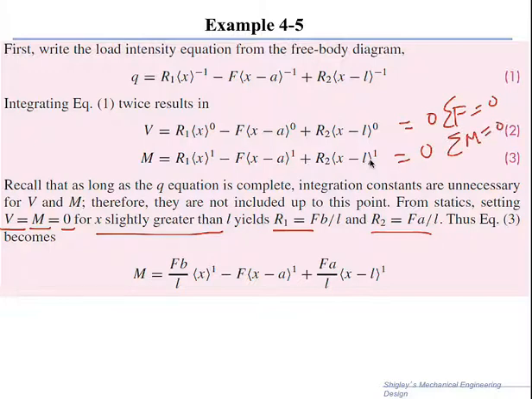And when you put x slightly greater than L, then it means that you can evaluate R1 times L minus F times L minus A plus R2 times L minus L, which is 0, and equate that to 0.